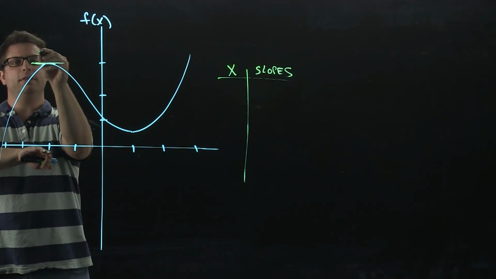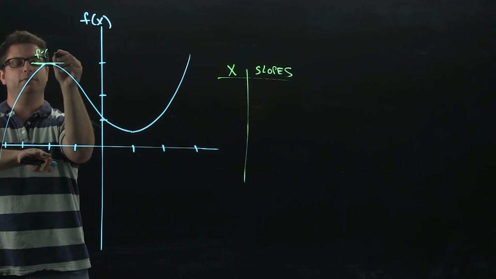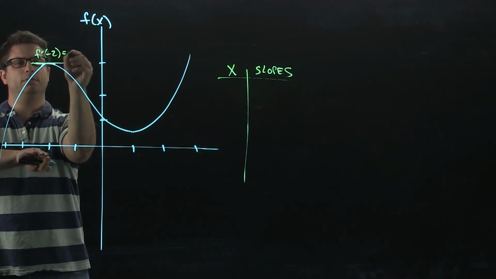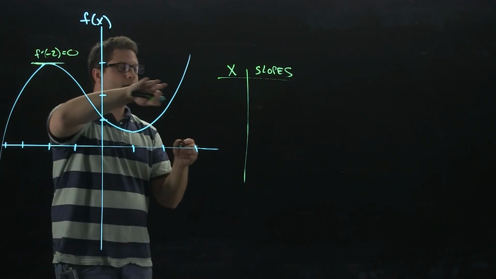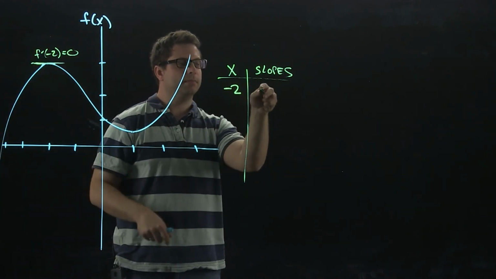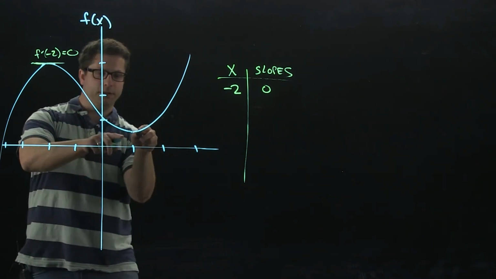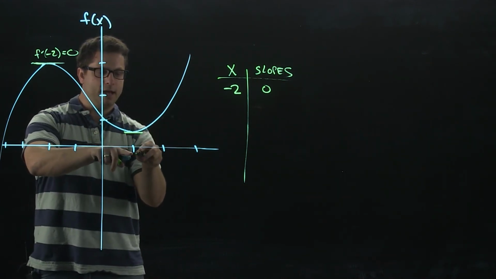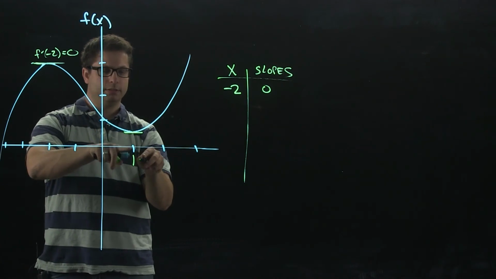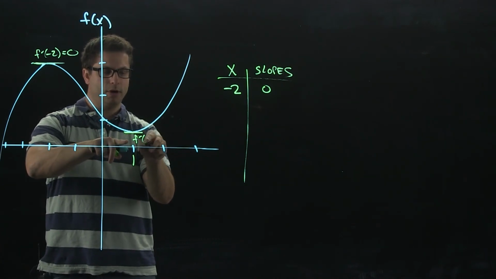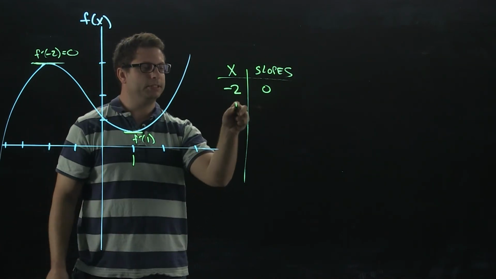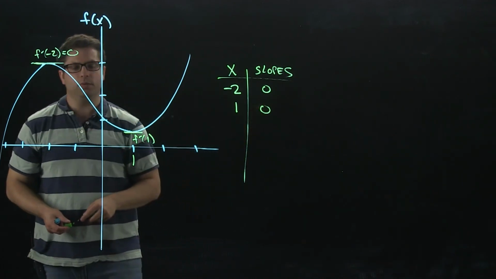Now this is f prime of -2, which is 0. Again, at -2, slope is 0. All right, another easy one, which would be right here. So at 1, this is f prime of 1, also a slope of 0. So those are the easy ones.